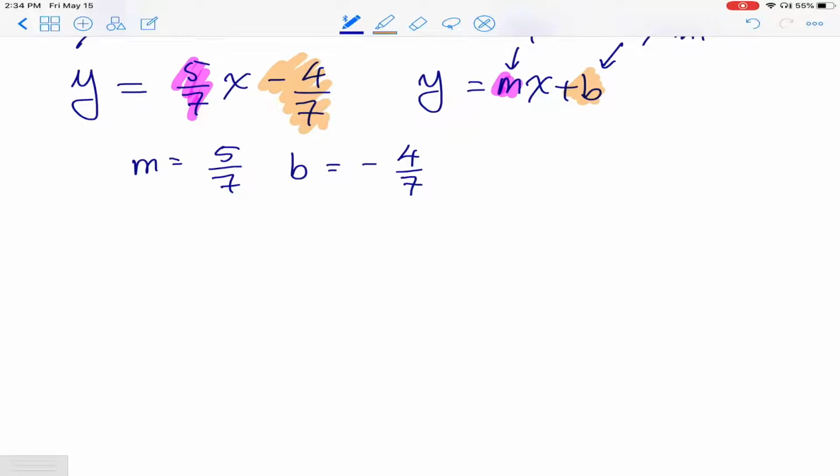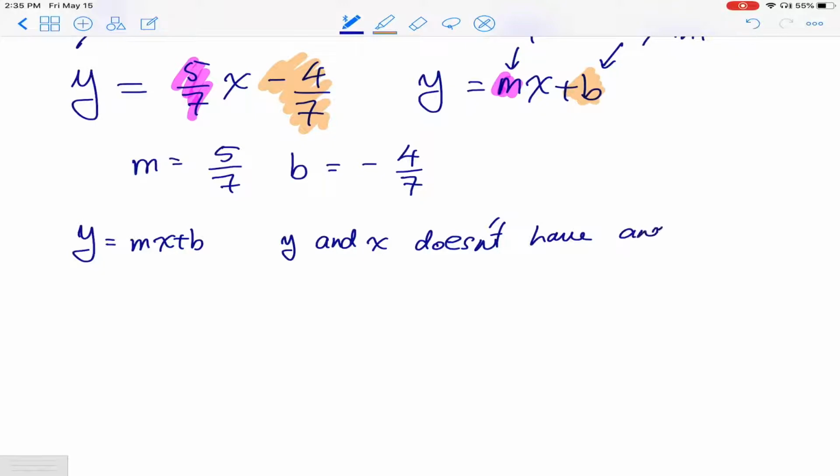So the question then says, is it a positive linear relation? Yes. If it is y equals mx plus b form, or if y and x do not have any exponents, then it is linear.